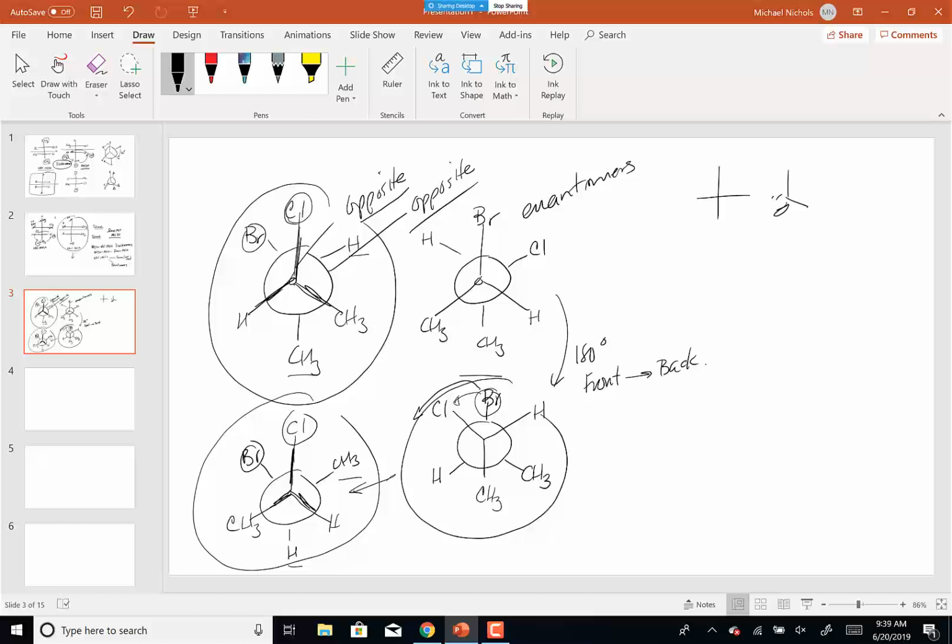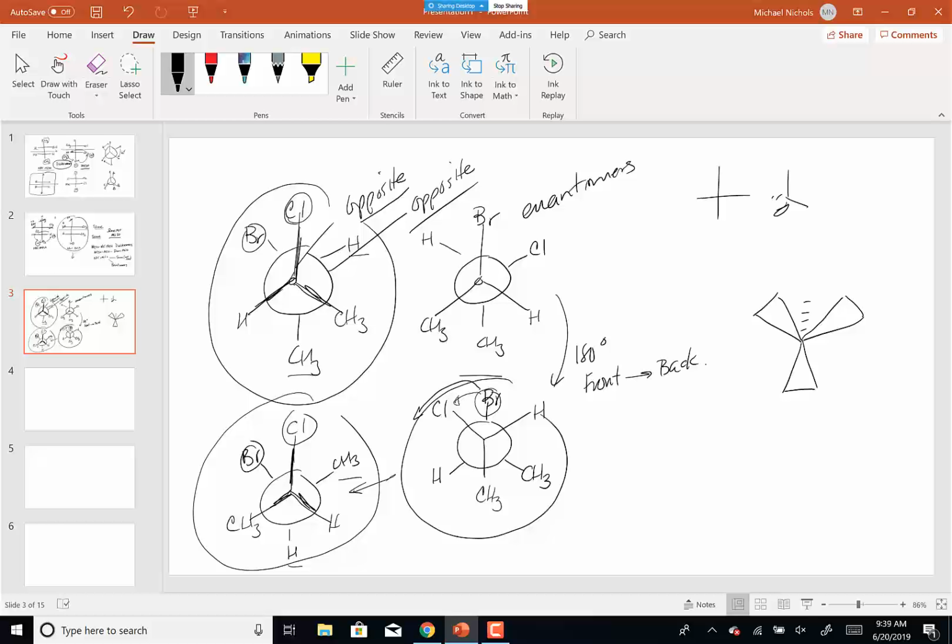Should I show you this? I can show you this. That's what the front carbon looks like. So, could you use the rule of I just have to put the fourth priority group on the dashed line? You can, right?